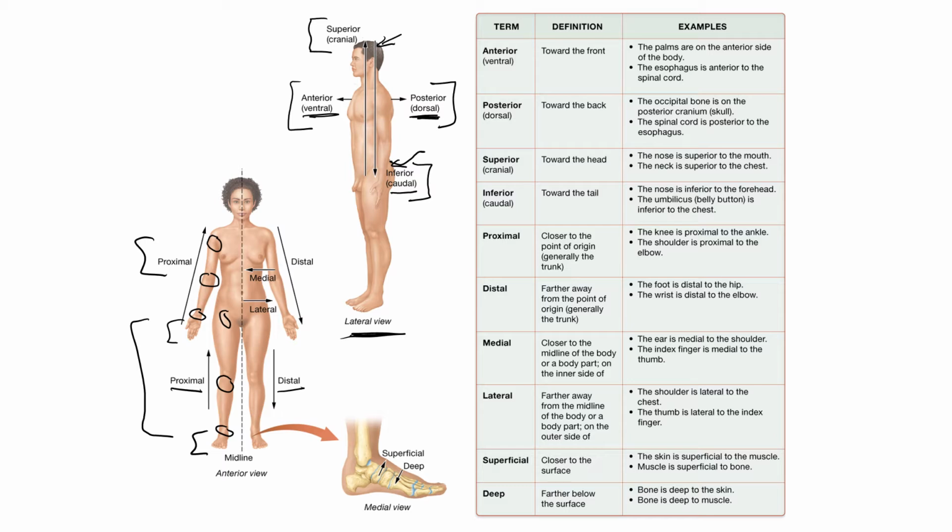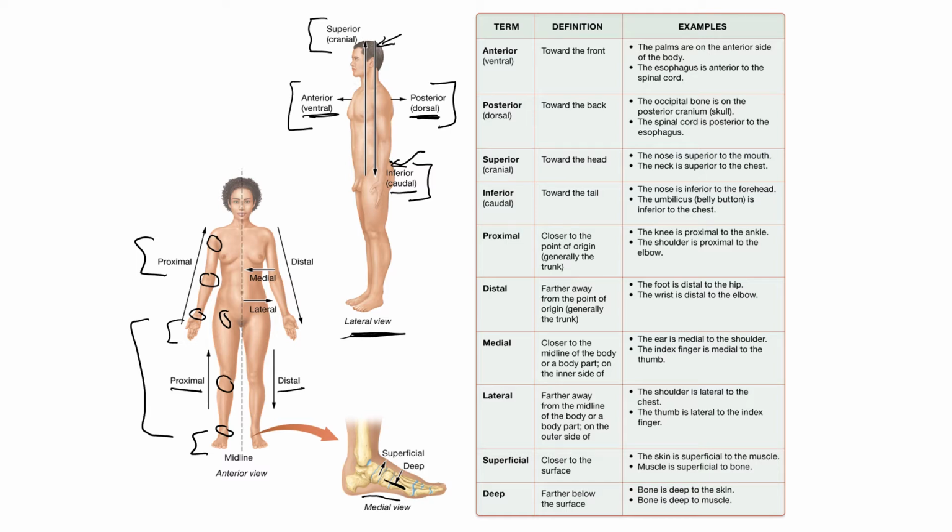There's also superficial and deep. Superficial, meaning things that are closer to the surface, closer to the skin or in the skin, and things that are deep underneath the skin. So in this case, the bones. This is the medial view of the foot. So you're looking at the arch of the foot right here, and this would be the left foot. So the bones are deep to the skin.